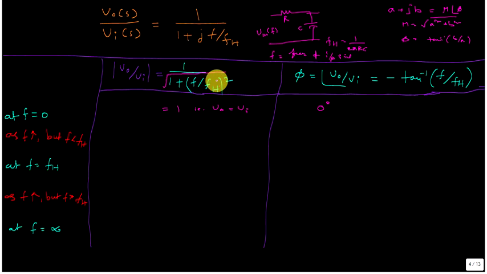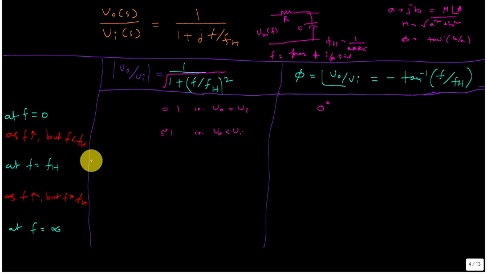So the square of a value smaller than 1 gives a very small value, which can be neglected compared to 1. So this will be approximately equal to 1. But strictly speaking, V0 is lesser than Vi. As f increases, V0 decreases.